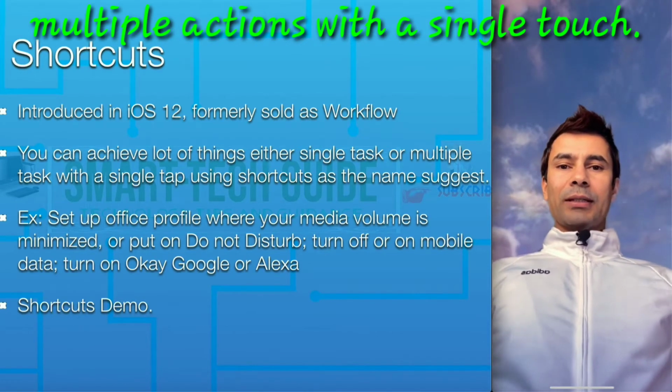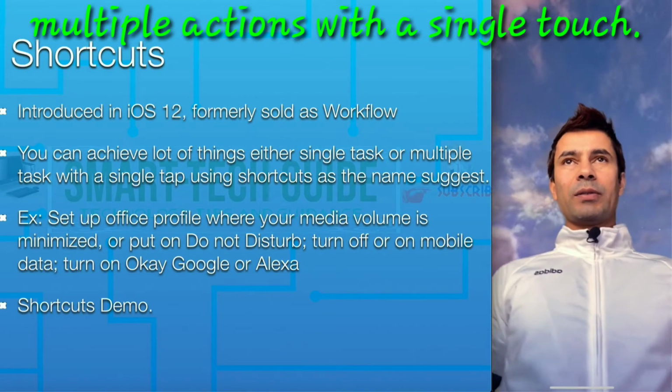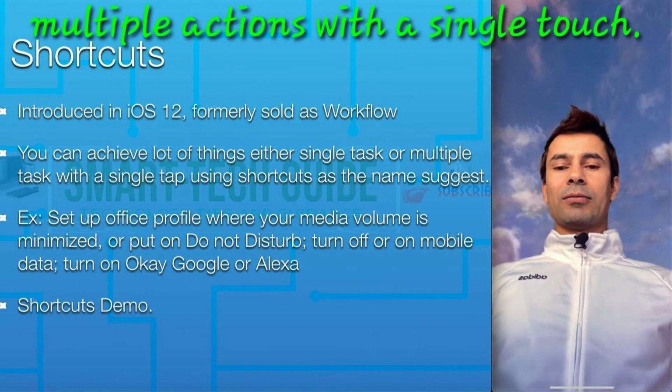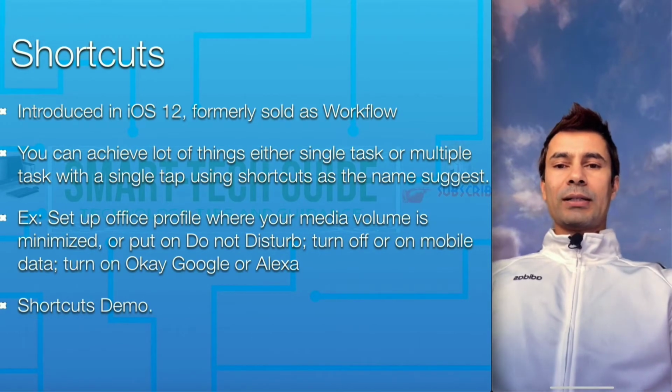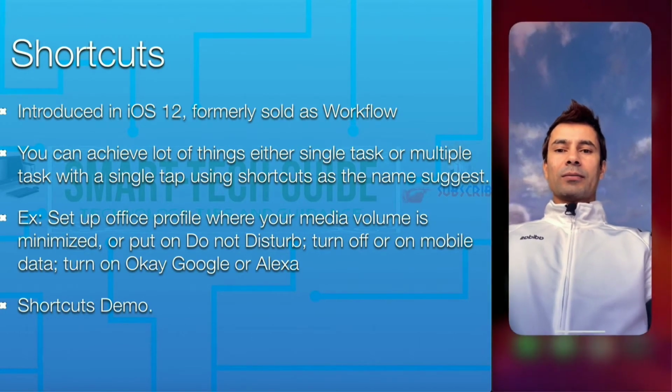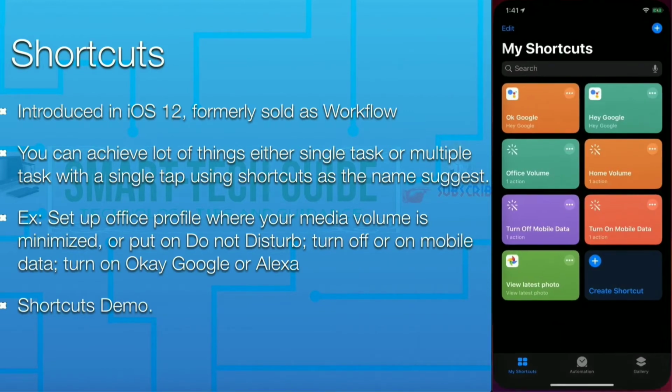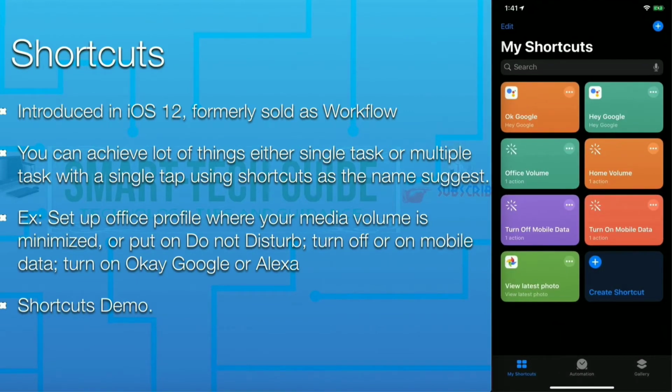Let me give you a short demo on Shortcuts before I move on to automation on iOS. For that, I need to minimize my video. This is the Shortcuts app, and when you open it, it will come to this page on the left bottom corner of the phone with 4 squares.